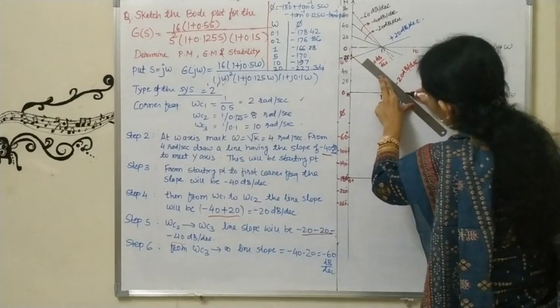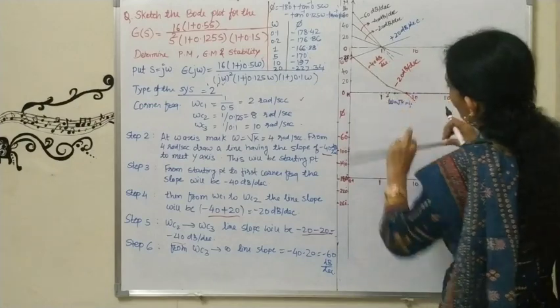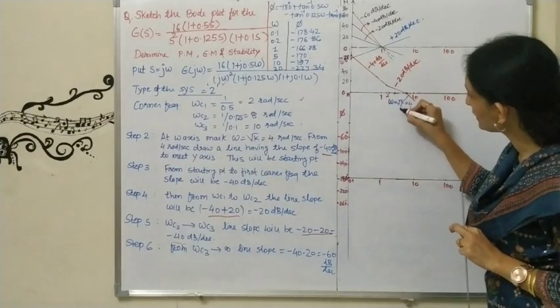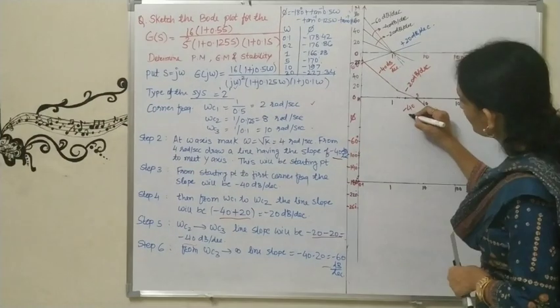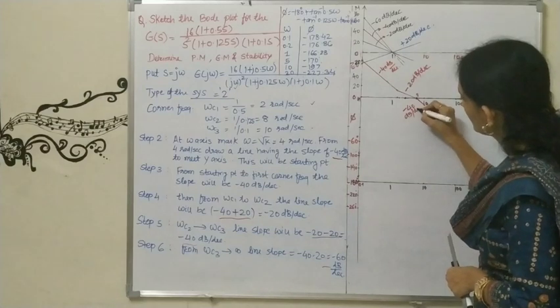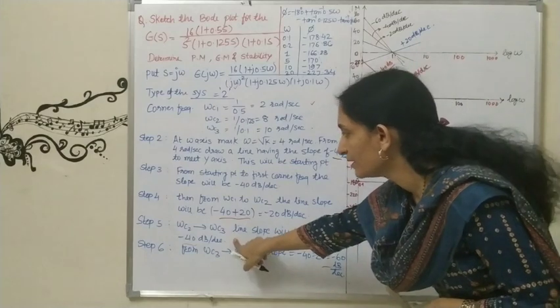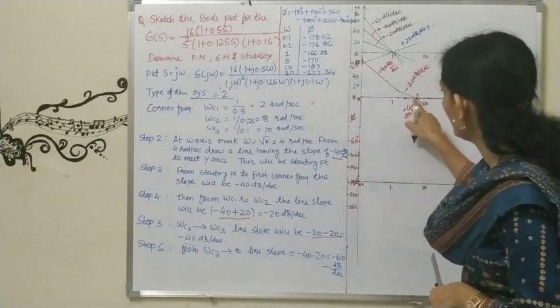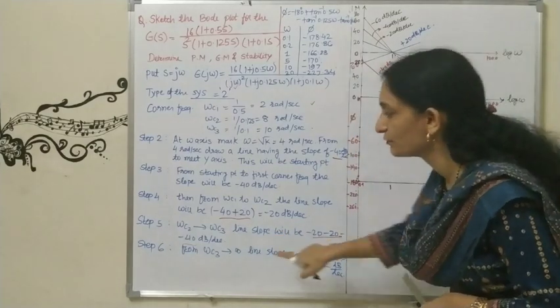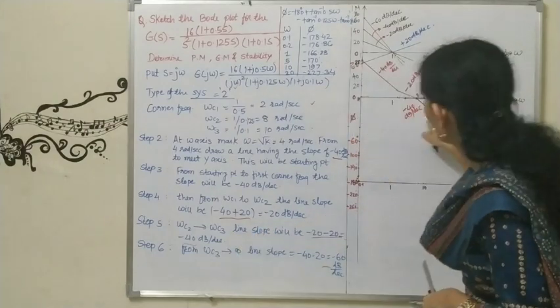Okay. And I will draw the line. Look at this. Very small line. Okay. So this line is with a line slope of minus 40 dB per decade. Okay. So see, here we have completed from omega C2, that is 8, to omega C3 is equal to 10. We have drawn the line with minus 40 dB per decade.